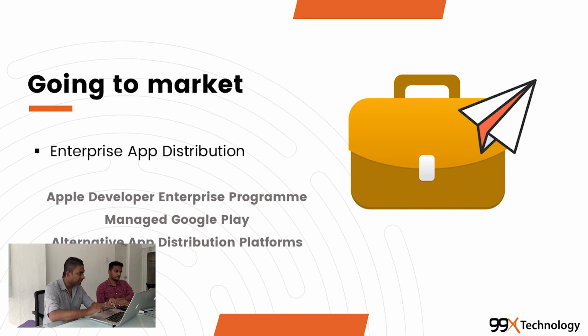There are ways to do this on all the popular platforms. On iOS, there's something called the Apple Developer Enterprise Program. It allows you to onboard a selective set of users and launch this for a selected enterprise.